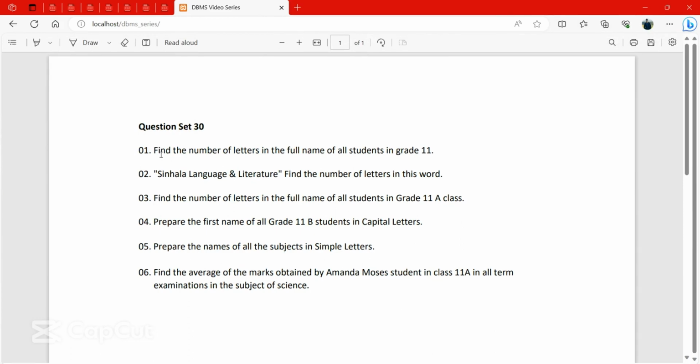So the first question: find the number of letters in the full name of all students in grade 11. They have told us to find out the number of letters in the full name. For example, we can say Sahan.